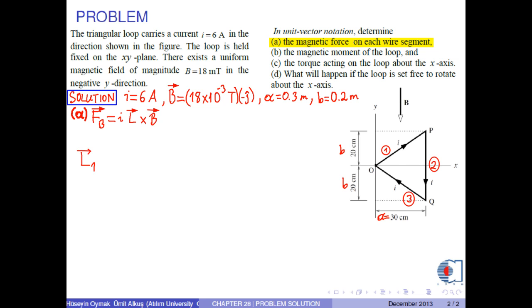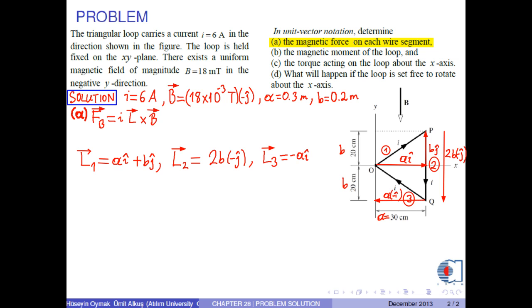The length vector L1 is obtained as A i hat plus B j hat. The length vector L2 is obtained as 2B negative j hat. Finally, the length vector L3 is obtained as negative A i hat plus B j hat.